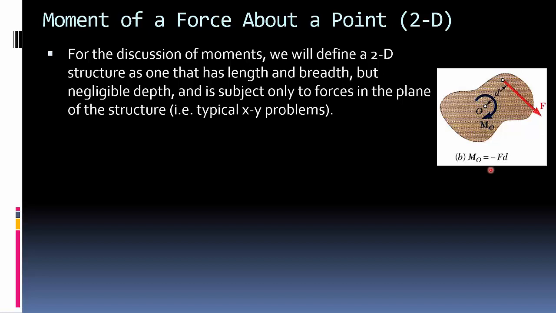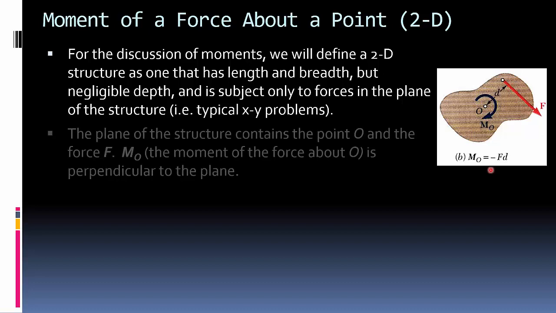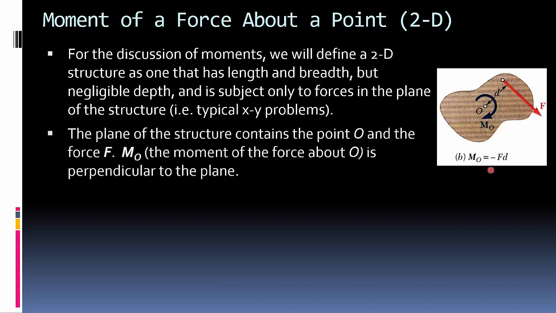And if the structure is only subject to forces in xy, in other words, when we're talking about typical xy problems, the plane of the structure contains the point O and the force F. Therefore, the moment is perpendicular to that plane. In other words, the moment is sticking up out of the page. Okay, but that's a little bit off, right?